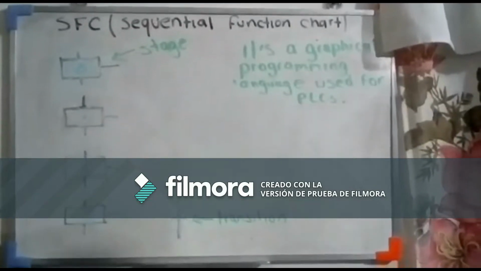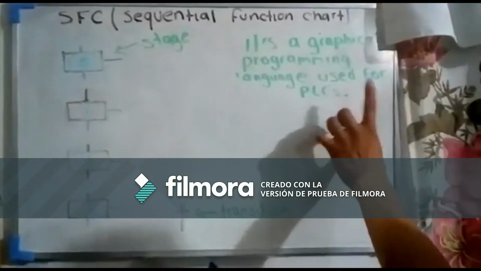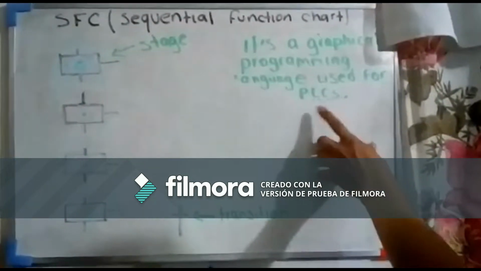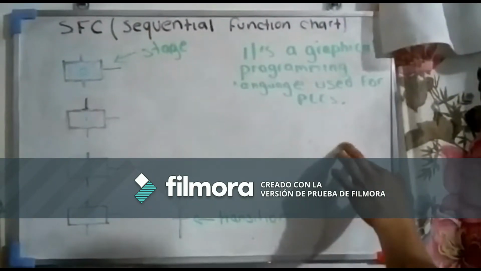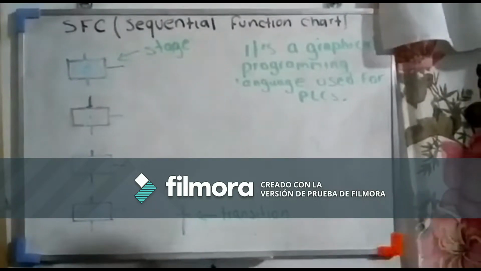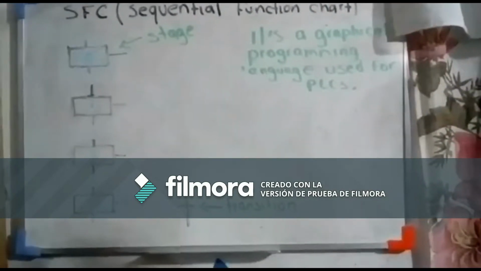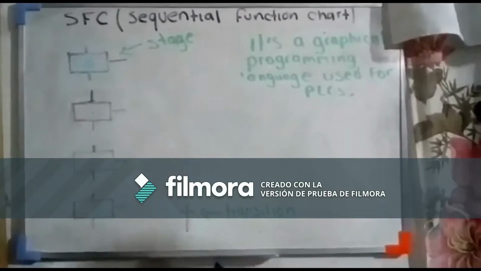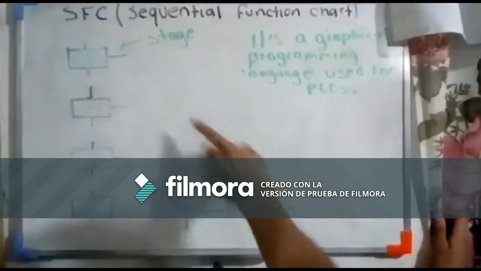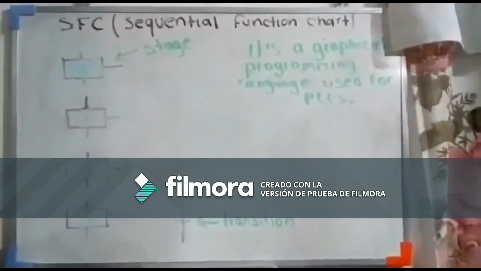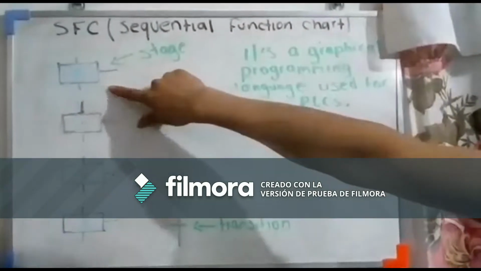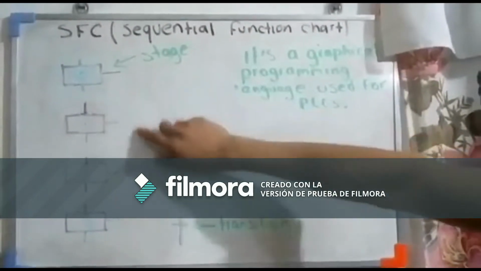Hello, I want to show you the sequential function chart. What is it? It's a graphical programming language used for PLCs, programmable logic controllers. Before I begin, we need to know the symbology of the program. We have stages, something like this. The first starts with these symbols and this number 0, and later these symbols and this number.